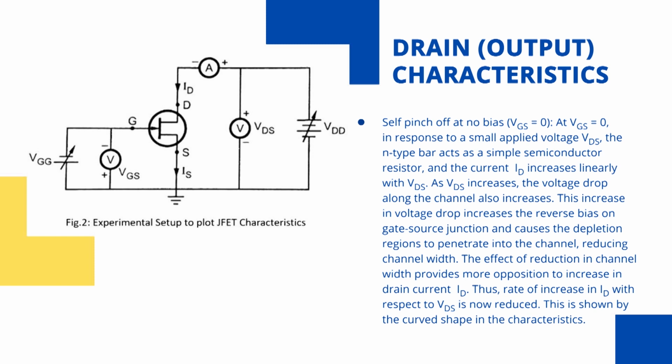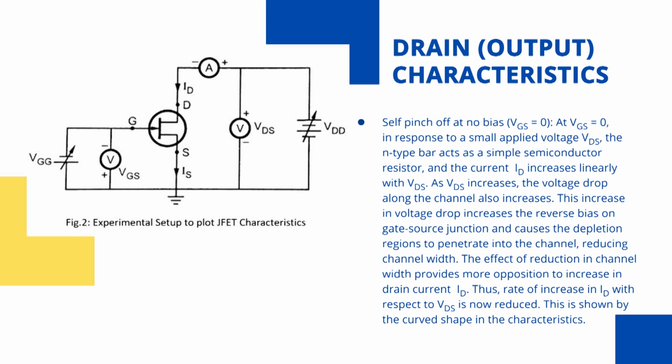As VDS increases, the voltage drop along the channel also increases. This increase in voltage drop increases the reverse bias on the gate-source junction and causes the depletion region to penetrate into the channel, reducing the channel width.